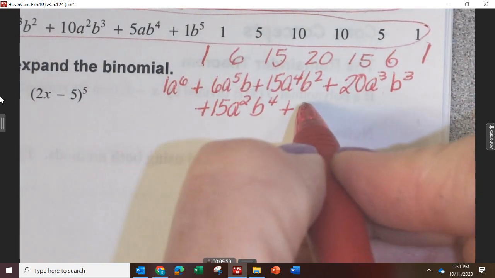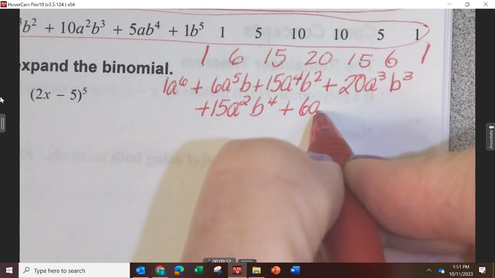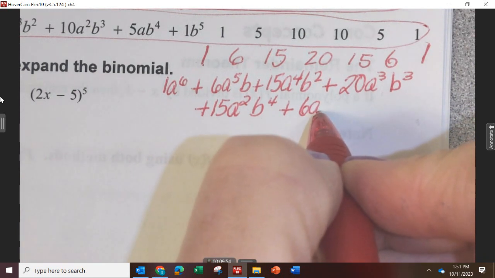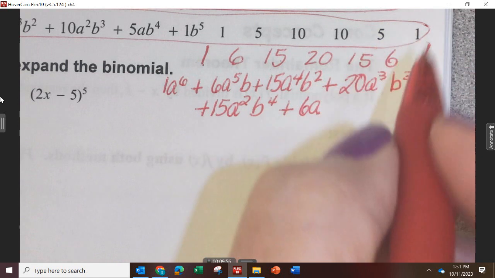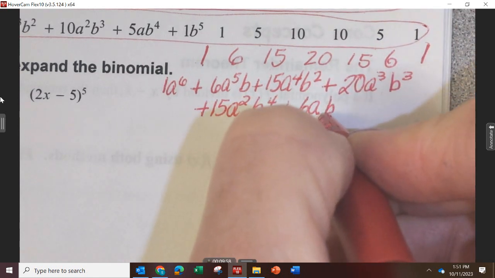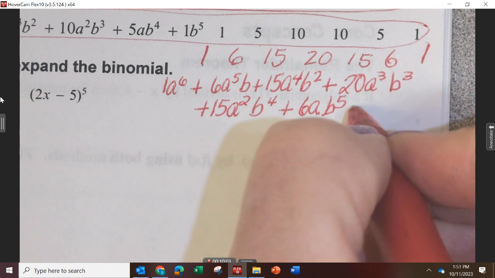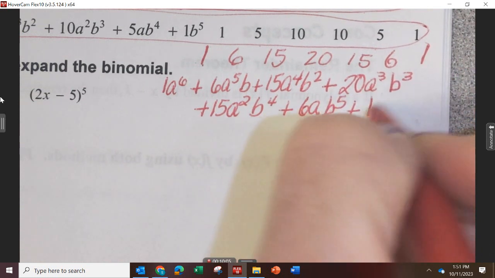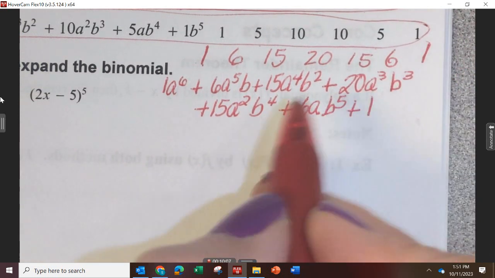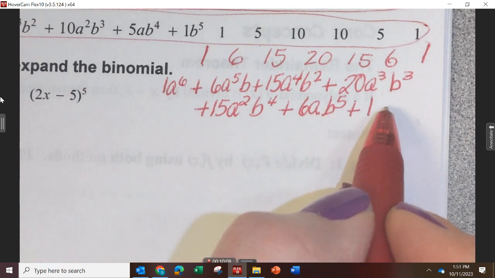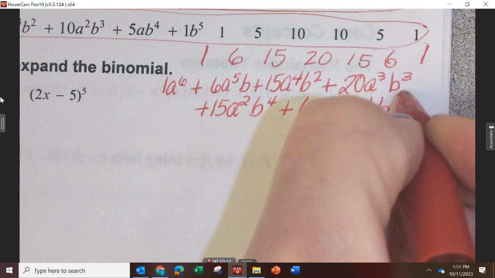So now we're going to go 6 what? A to the what? 1st. What's B going to go to? The 5th. Okay? And then that last term is going to be plus 1 is my coefficient. What's it going to be? B to the 6th. Good.